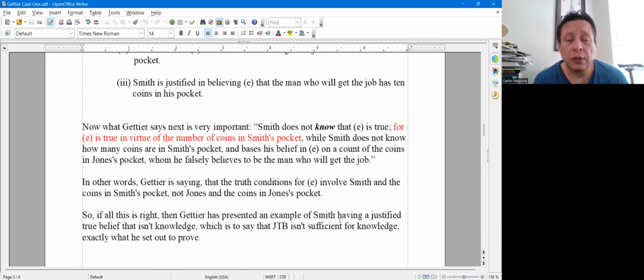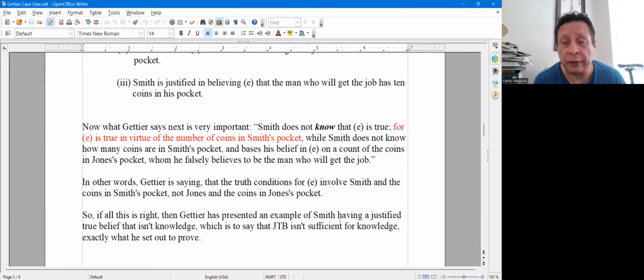So the section in red that I've highlighted is what I'm talking about next, right? In other words, Gettier is saying that the truth conditions for E, like the state of affairs or how the world would have to be for E to be true, involves Smith and the coins in Smith's pocket.